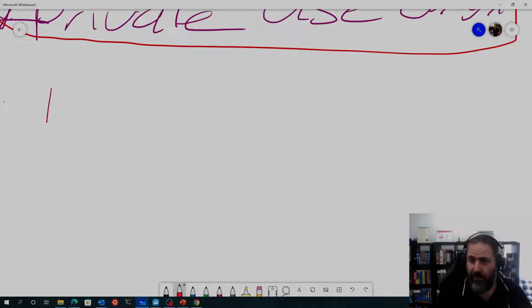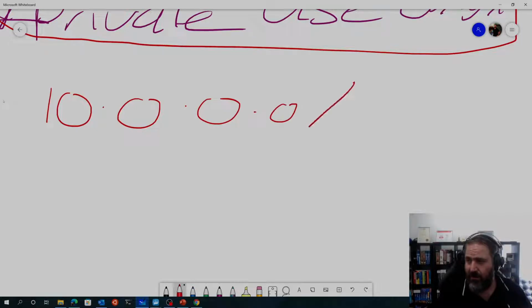So the first private address range, 10.0.0.0 /8. Remember what that was? 8 means the first 8 bits are the network portion. Remember there are 4 octets there.